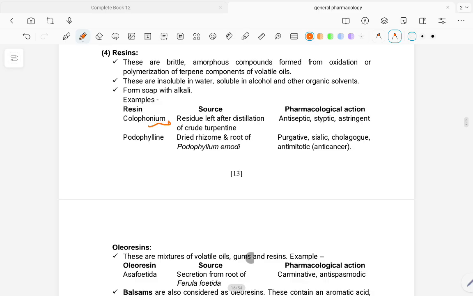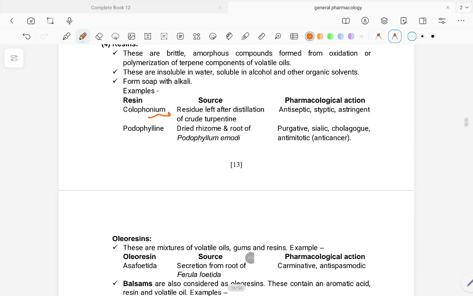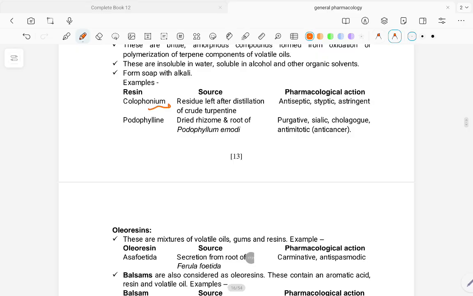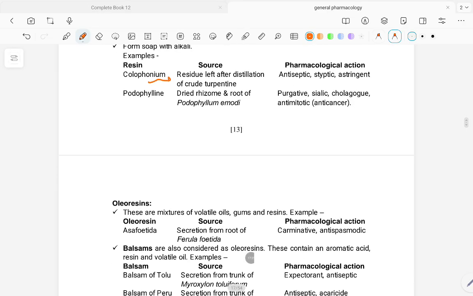Colophonium, residual left after distillation of crude terpenes, antiseptic, astringent. Podophyllin, dried rhizome and root of Podophyllum emodi, purgative, sialagogue, cholagogue, antimycotic, anticancer.